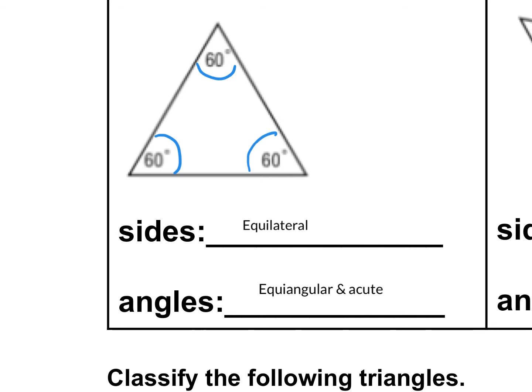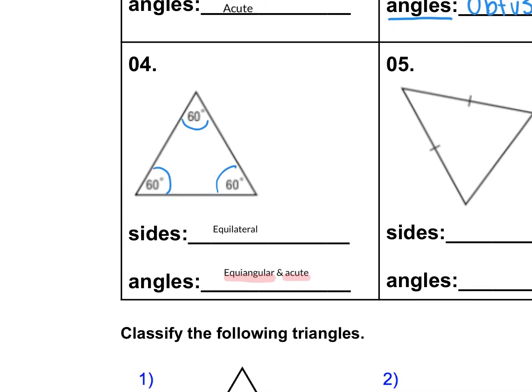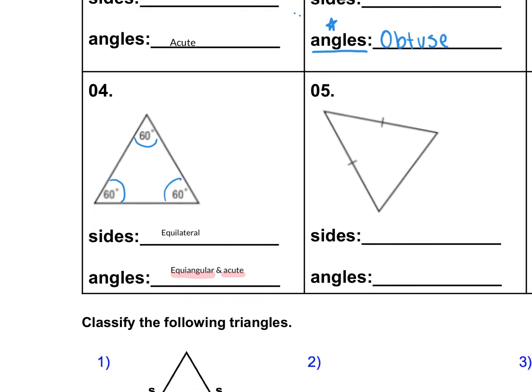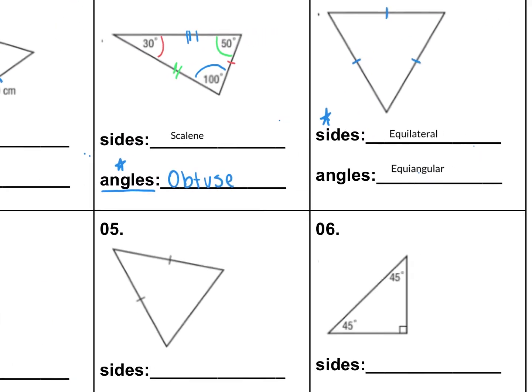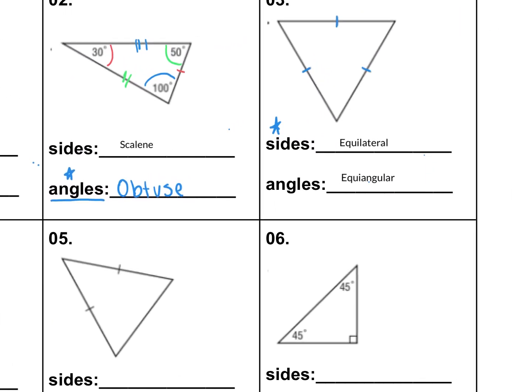It's also equal angular because our angles are all the same, and it's also an acute triangle. So it fits into the acute category as well. If you had put acute up here, because we know all of our equal angular triangles are also acute, that's also correct. Just don't forget equal angular as well.